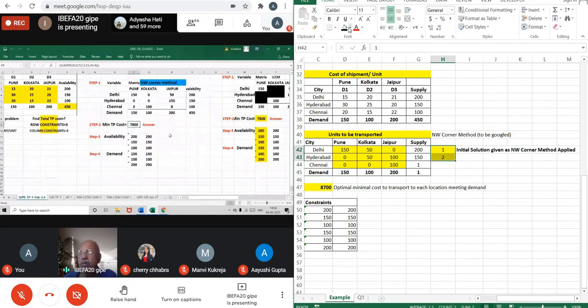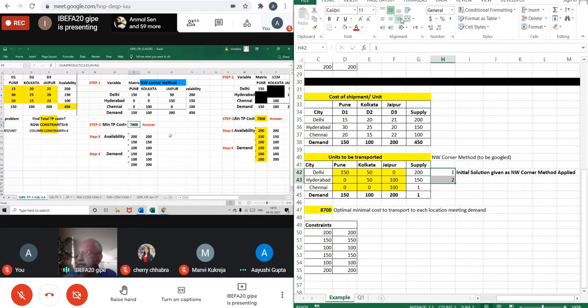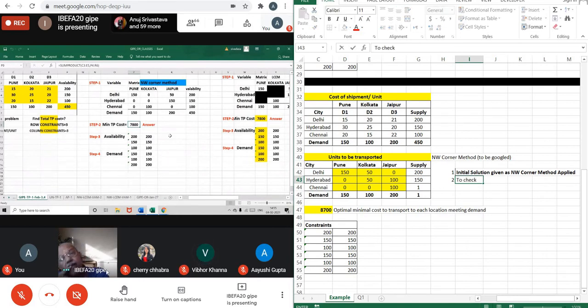How much is the answer you got? 7,800. So what does it mean, this procedure? More effective. What is the meaning of this procedure? Sir, it means that the initial solution was not the most efficient one.